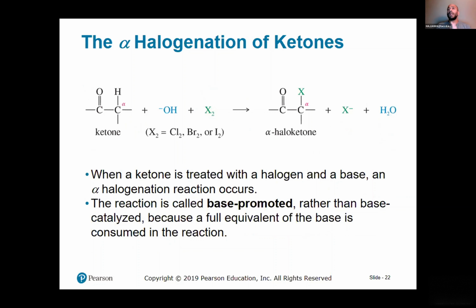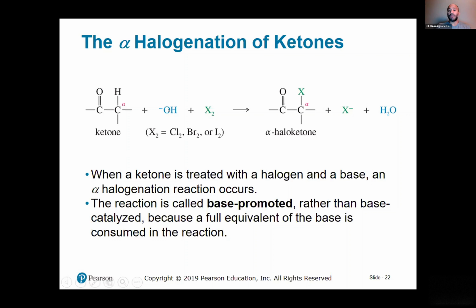So we learned how to do alpha alkylation of enolates, alpha acylation of enolates, alpha alkylation of enamines, and alpha acylation of enamines. We could also do alpha halogenation of enolates and enamines. So here is an example of a ketone structure.